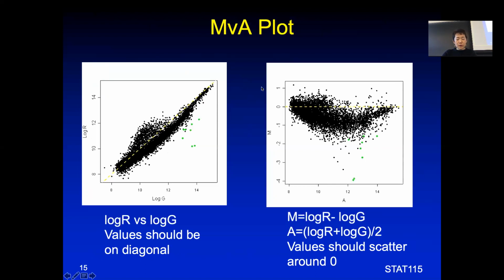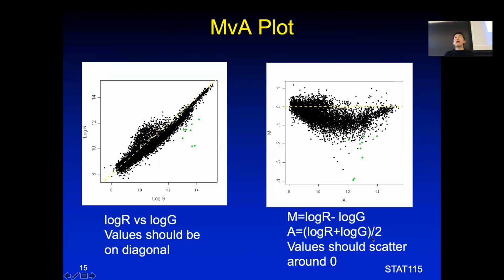In order to show this in a slightly different way, the MA plot is like this. The M is the log of the first value minus the log of the second value. This is the difference, in some sense the log difference between the 2 samples, right? And so that's the M. This is basically looking at how different it is. And the A is the log of one sample plus the log of the other sample divided by 2.